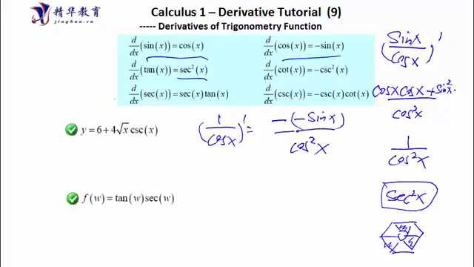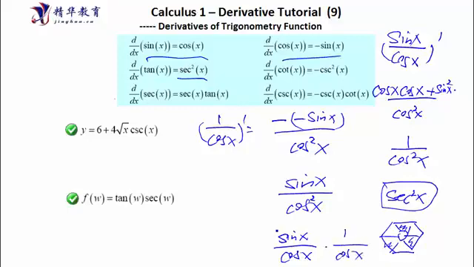Minus negative sine x gives sine x over cosine x squared, which is sine x over cosine x times 1 over cosine x. Sine over cosine is tangent, and 1 over cosine is secant. Finished. Now I've proved it.